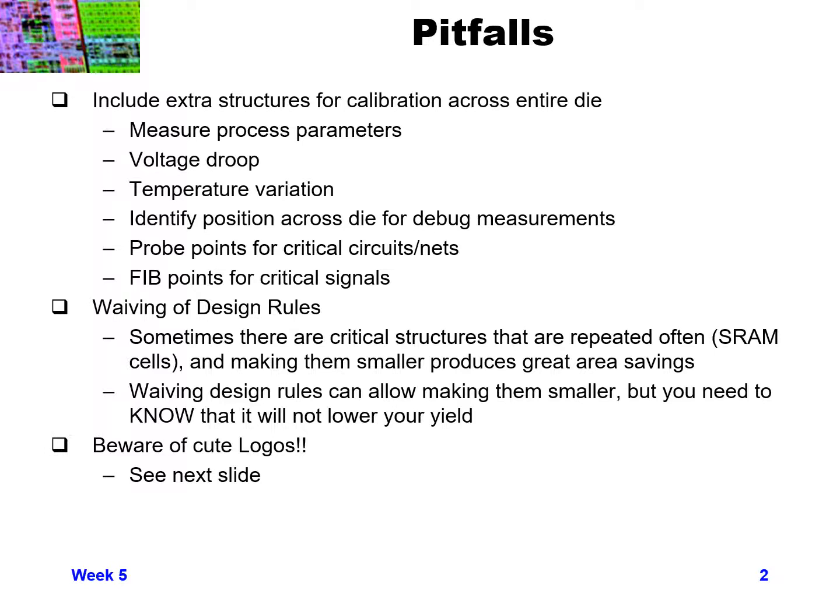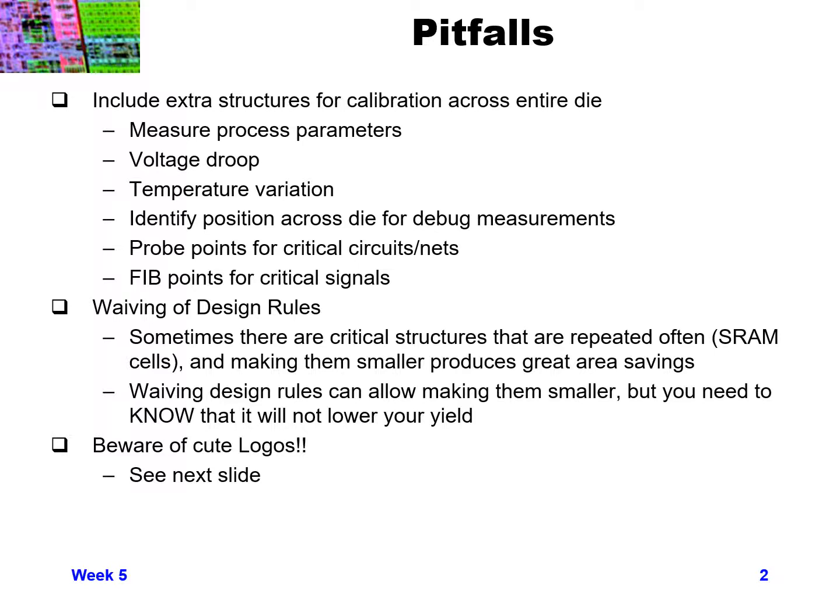somewhat more manually. Another thing to watch out for is waiving of design rules. So I mentioned earlier that design rules are not necessarily 100%, where if you violate a design rule, you're guaranteed to fail. Sometimes you have some critical structures that are repeated often, like SRAM cells, for example, and you have so many millions of them that making them even a little bit smaller can give you great savings in area.